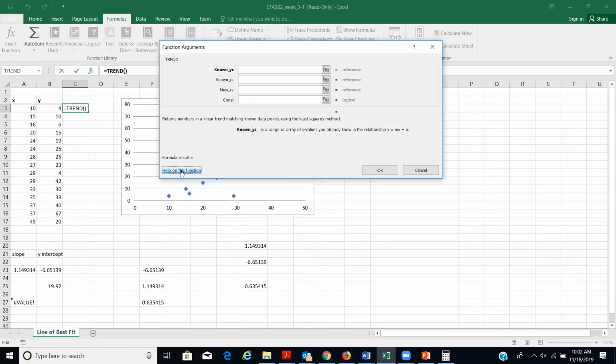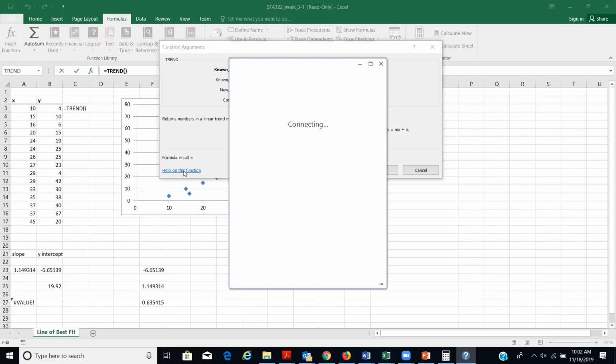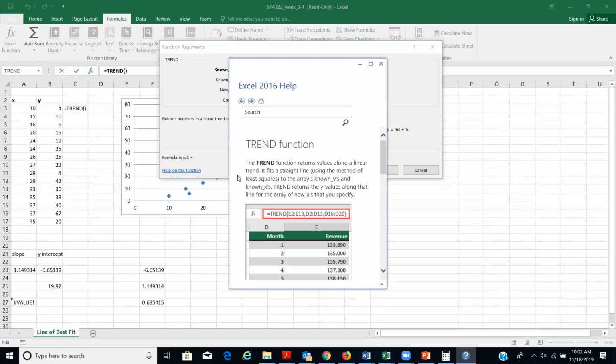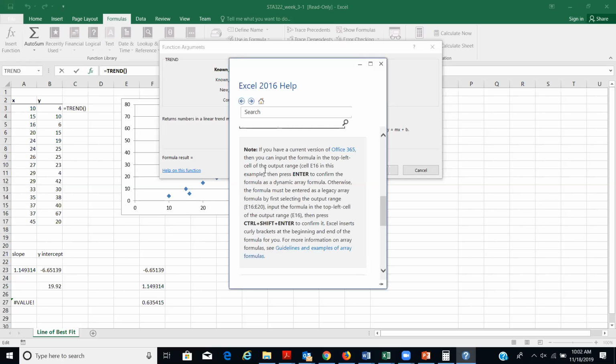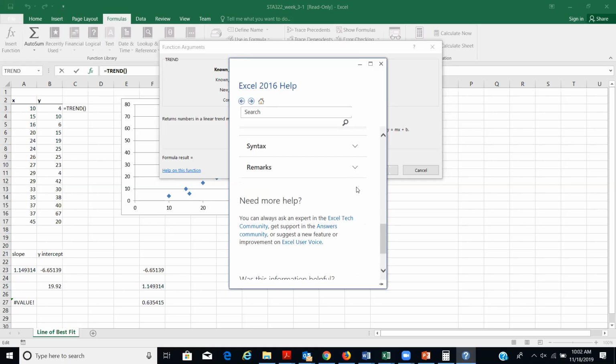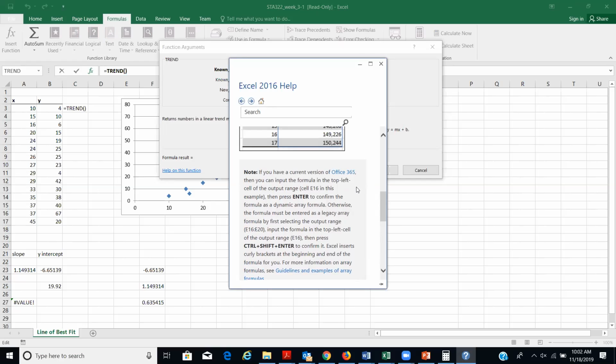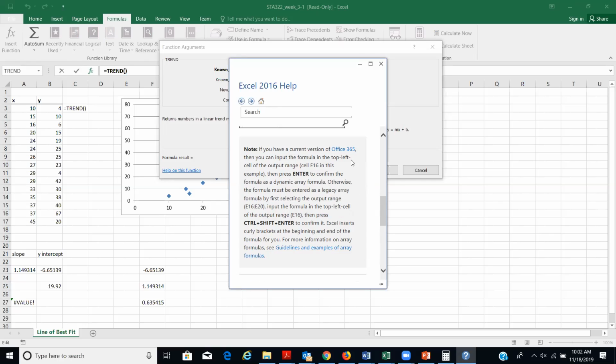Let's look at help. I'm trying to help us all learn about this thing. So blah, blah, blah, naturally. The trend function. Input the formula in the top left cell.